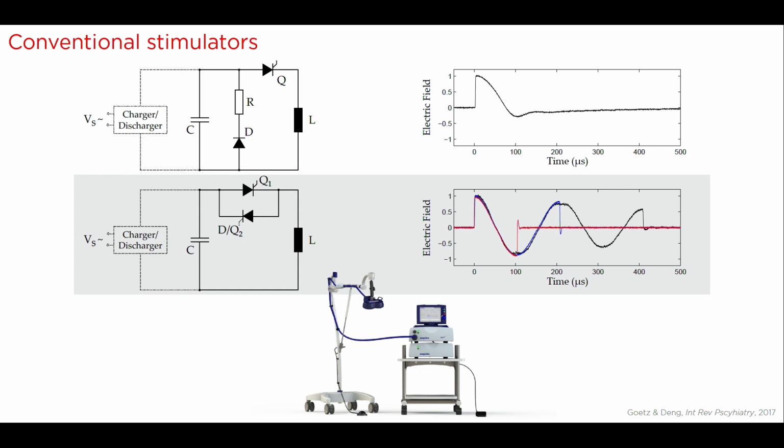A capacitor is charged through a charger, and then all of that charge is dumped onto the inductor, which is labeled L, and the inductor is the TMS coil. And during the second phase, all of the current is dissipated in the middle through the resistor R, creating an overdamped sinusoidal waveform, as illustrated on the top right, and this is called a monophasic pulse.